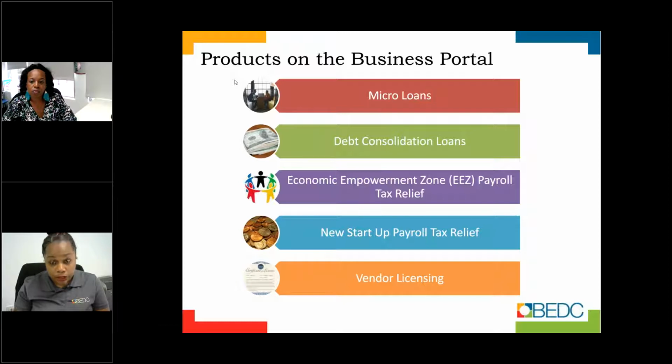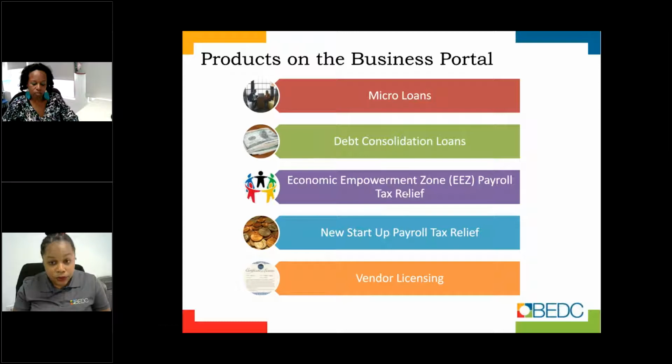Our Microline products, which is that consolidation. There's a COVID Microline that we currently are offering, and there's a regular Microline. The qualifications for those are different, but we have those two Microline products and also the DAC consolidation. Some other products that are not financially related will be the payroll tax relief for the economic empowerment zones and for just regular startups.